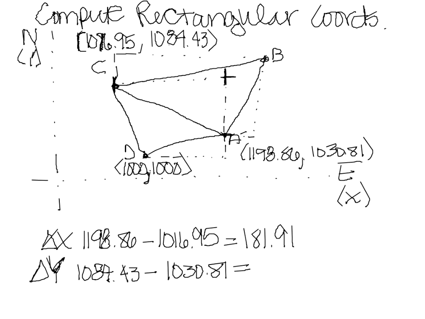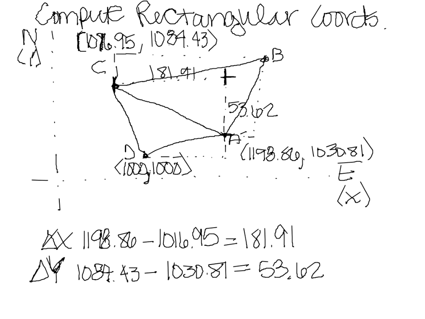So let's see, 1084.43 minus 1030.81 gives us 53.62. So if we know that this distance from here to here is 181.91, and the distance from here to here is 53.62, can't we calculate C to A?